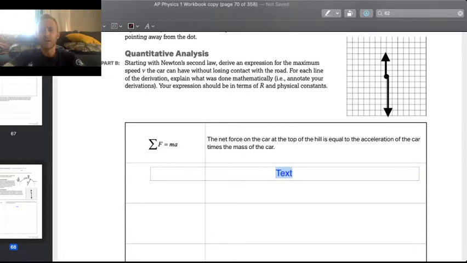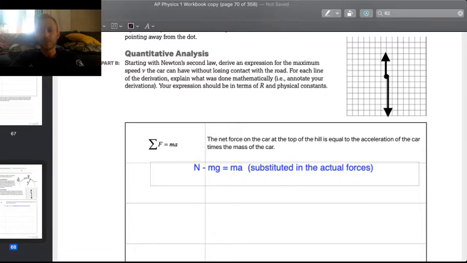So, what we have is, the net force we can see is normal force going up and weight force going down. So what I did here is I substituted in the actual forces that are acting on the object.